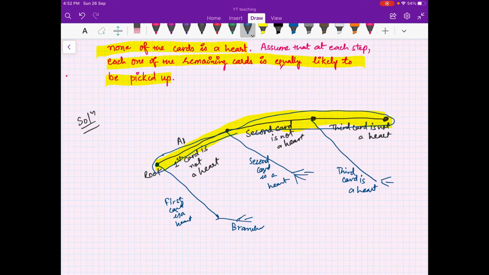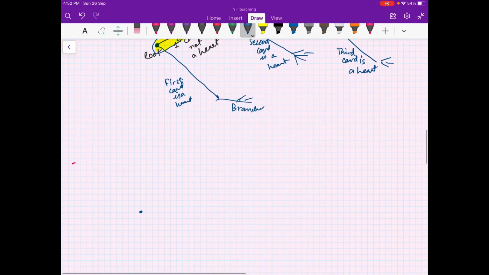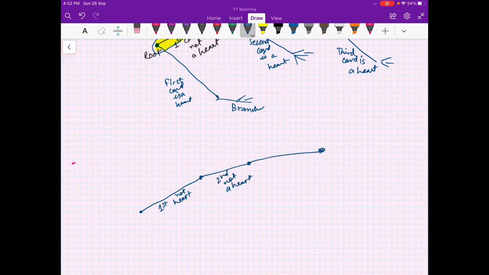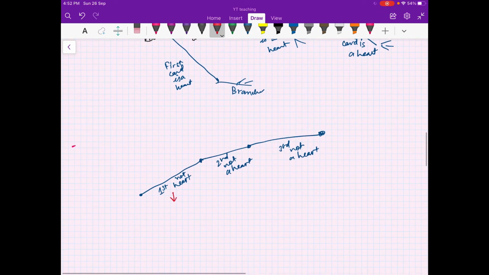Okay, now let us register the probabilities. Let me draw again. So we are going here that the first card is a heart, is not a heart, then you have the second not a heart, and then we have the third not a heart. Okay, now what is the probability that the first card is not a heart, right? So in a 52 deck of cards, you have 13 for heart, 13 for diamond, 13 for spade, and 13 for club, right?